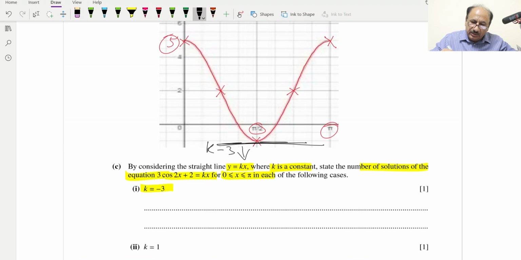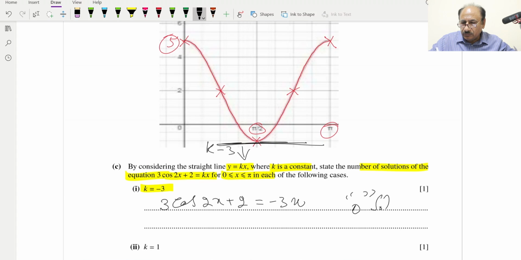So we can write zero solutions. We can write the equation 3 cos of 2x plus 2 is equal to kx, with k as -3, so -3x, and in this case there will be zero solutions.